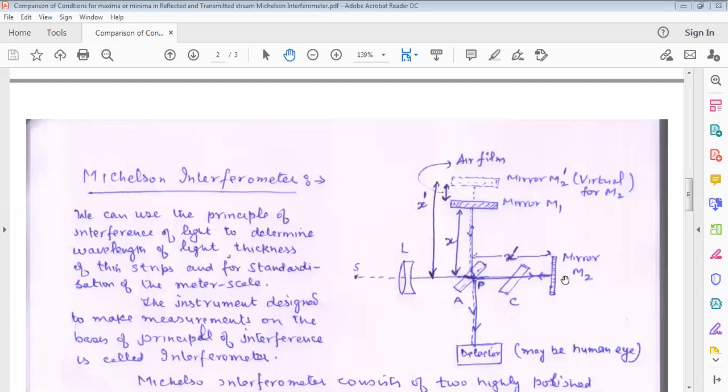If the two mirrors are at equal distance from plate A, then mirror M1 and the virtual mirror M2 dash will coincide.